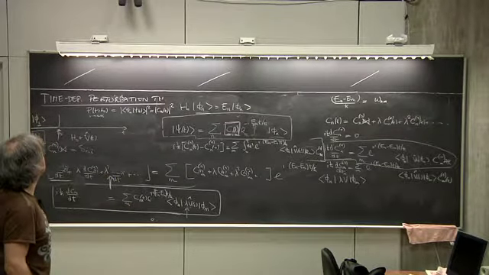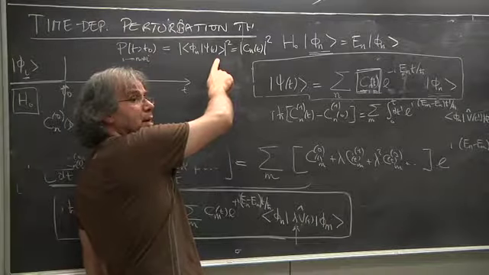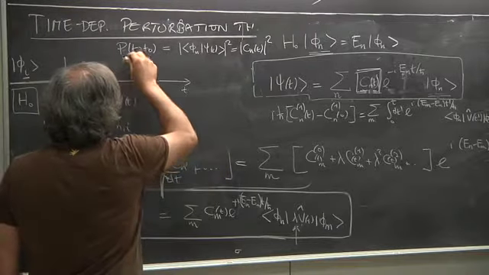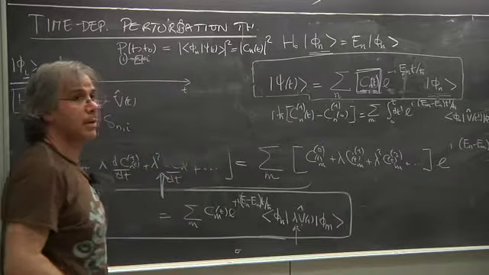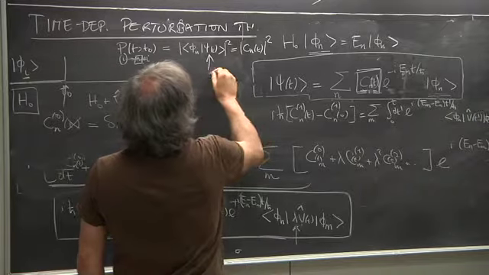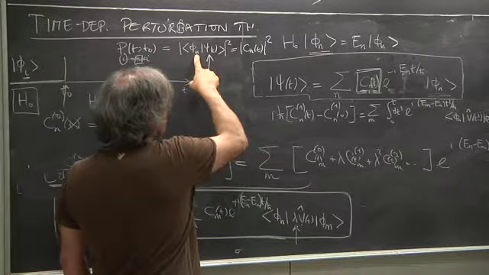Why do you want the sum? I am asking what is the probability of going from I to a given n. N is fixed. So here you can put a sum over m. But then I want simply the component n.